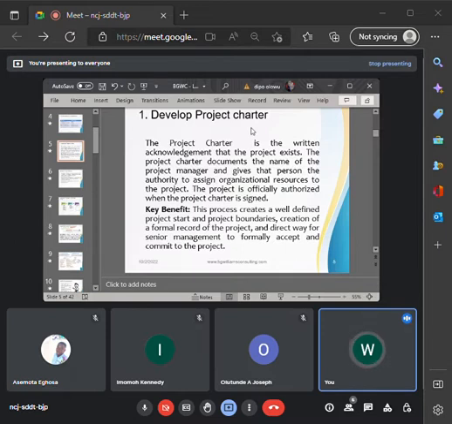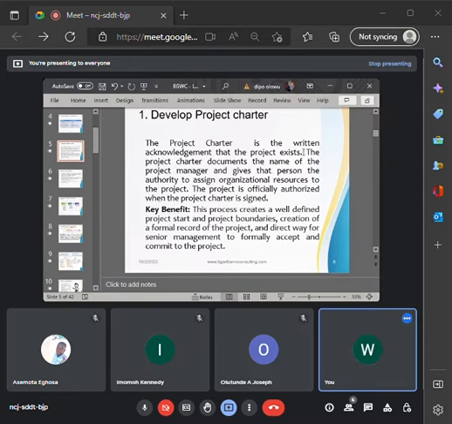Just as Kennedy said, it is a document, yes, correct, that is put together to show the existence of a project. And also, as Kennedy said, it gives the project manager the formal authority to spend resources. Which is very correct.